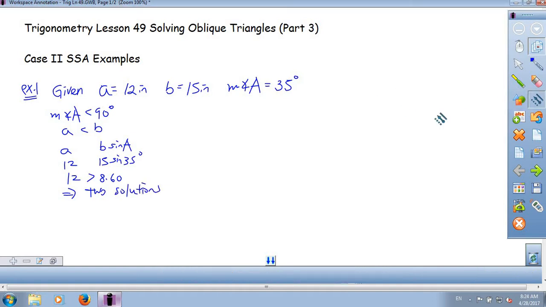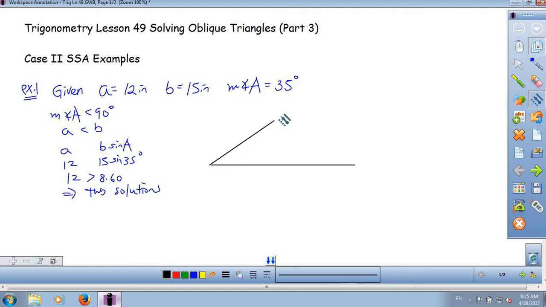Let's draw a diagram first before we go ahead and do the solutions. Let's draw a possible solution here. Side B is 15, which is longer than side A. I'm going to set angle A here, side B here, 15 inches, and side A here, 12 inches, and this is 35 degrees.